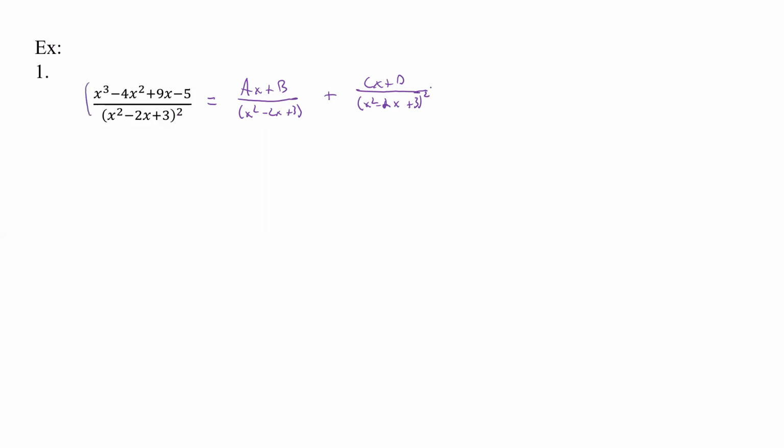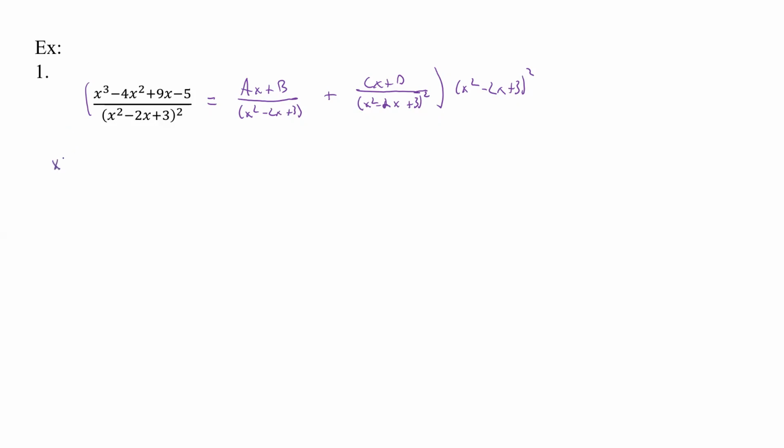Now we multiply both sides by our LCD, the x squared minus 2x plus 3, the quantity squared. Then we simplify like we've been doing, get our system of equations, and we're done.